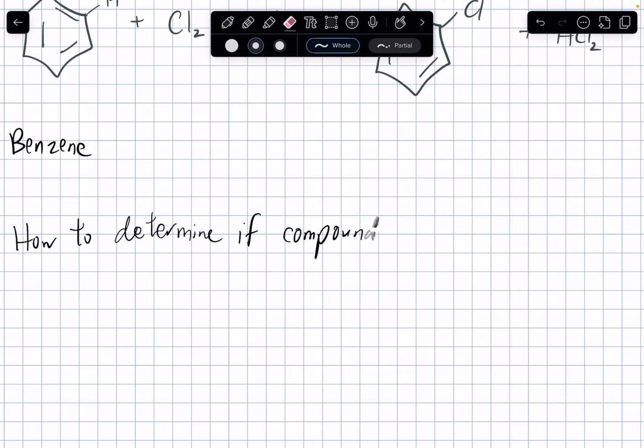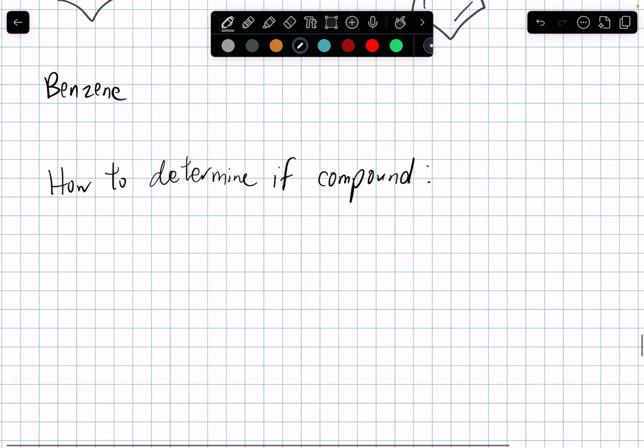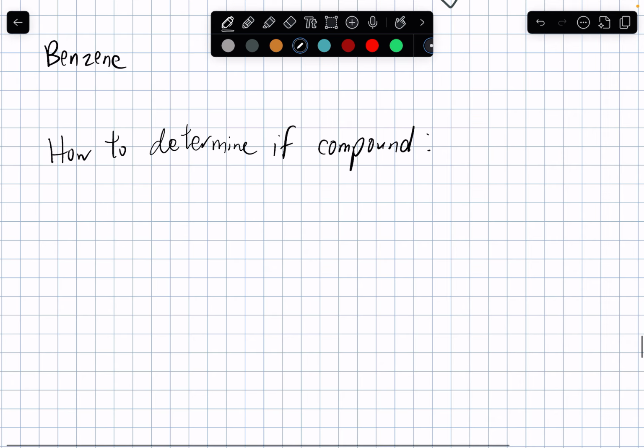Actually, even though it's kind of used in a joking way, it shows how a certain set of criteria is important to determine if a compound is aromatic. So basically, you don't have to smell to determine if a compound is aromatic.